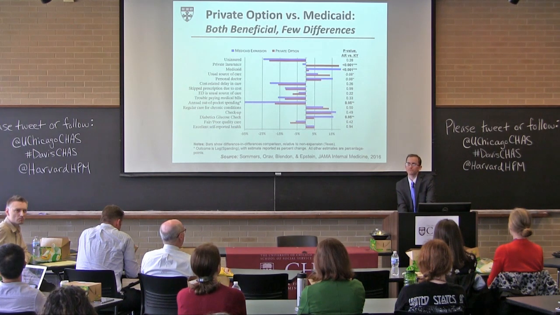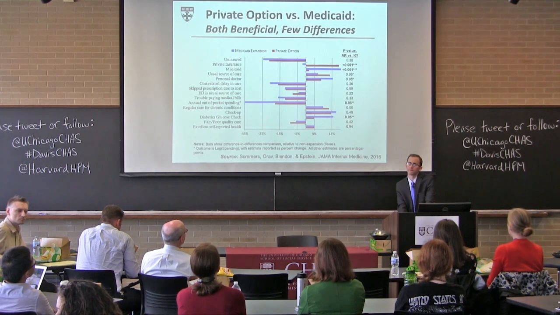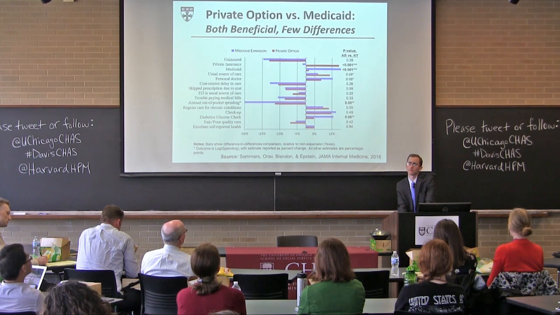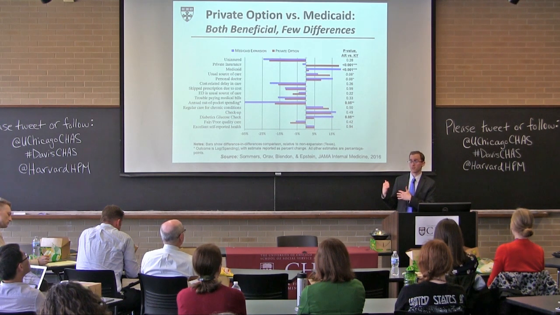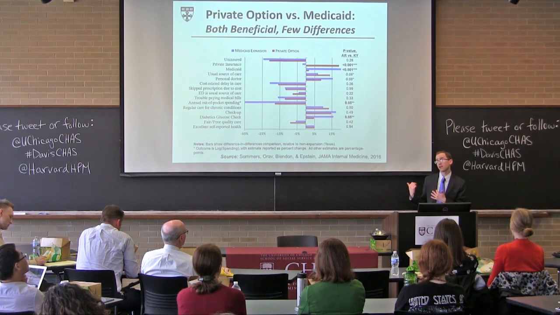So I'm glad to see these kinds of decreases in financial variables. Were you able to talk about bankruptcy and that kind of stuff? No, not bankruptcy. We do have people telling you whether they had to skip making other kinds of payments and couldn't afford other things they needed because of their medical bills, and whether they were putting off care. So we see clear evidence of affordability improving.